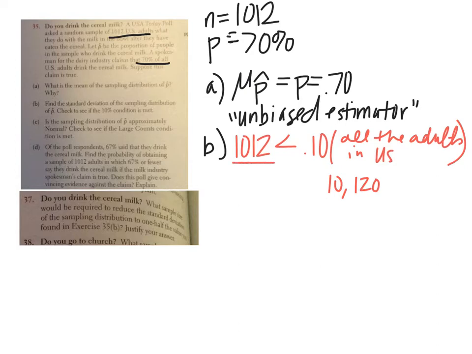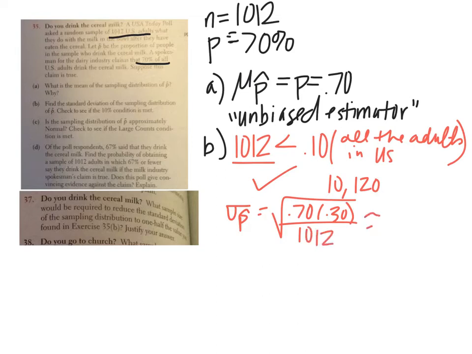We can assume that there are more than 10,000 adults in the U.S., so that's met. That means that we can use the standard deviation formula here. I'm just plugging it straight into that formula, and I end up getting 0.0144. And that's all we have to do for that one.